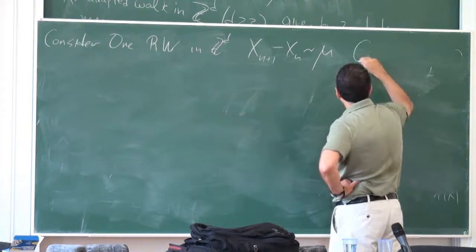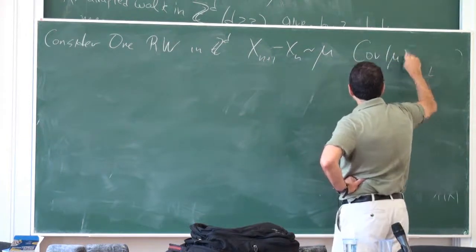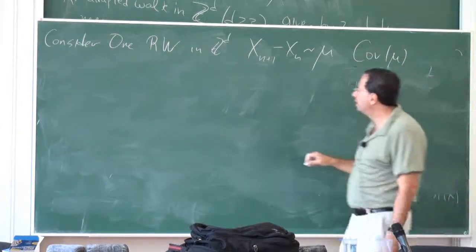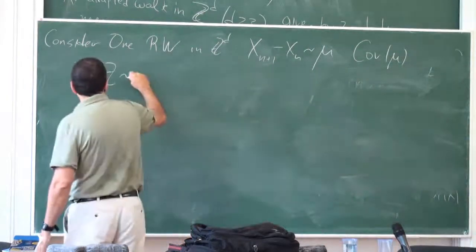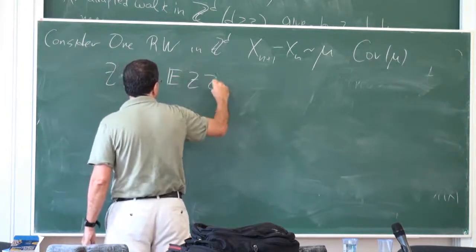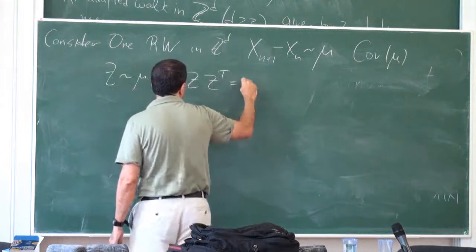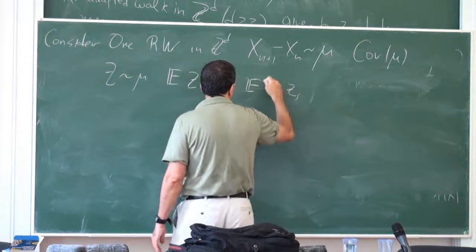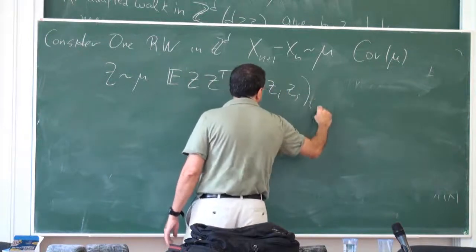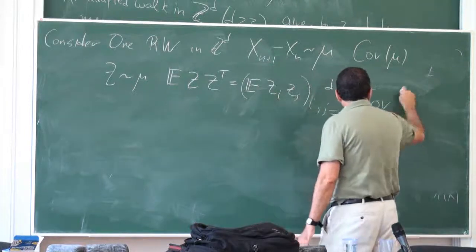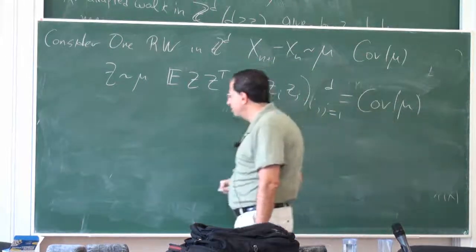Now, the covariance matrix of mu is going to be a positive definite matrix. If Z has the law mu, then the expectation of Z Z transpose, which is just the expectation of Z_i Z_j, is the covariance matrix of mu. This is a positive definite matrix.